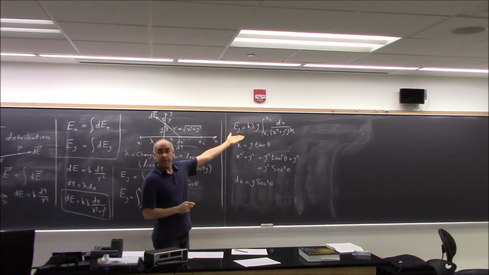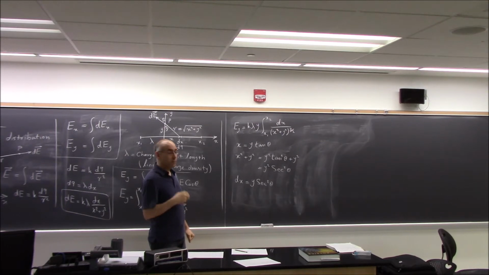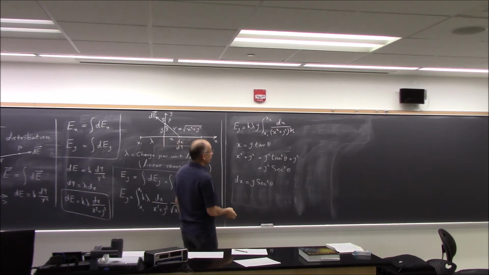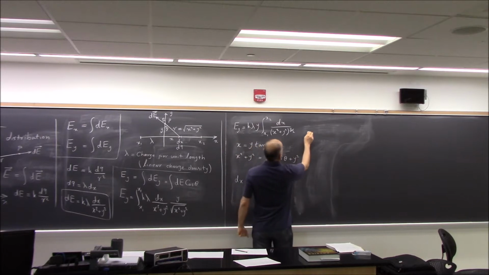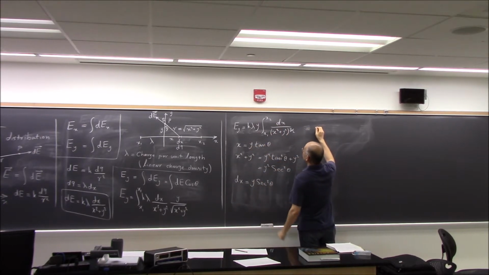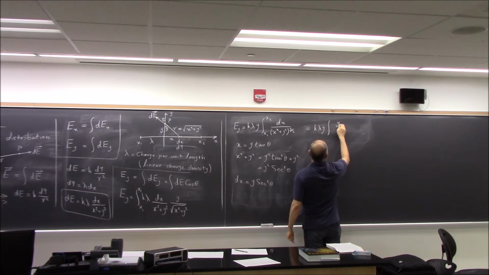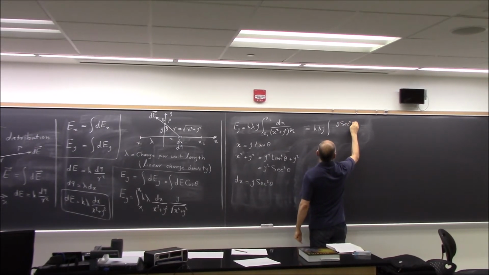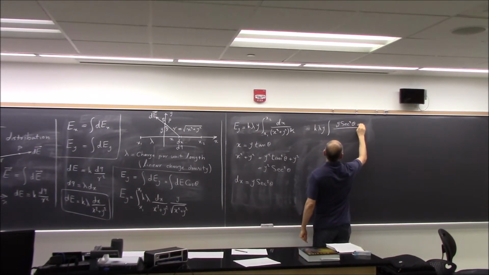Now plug in everything back into the equation. You see it becomes very simple. So if you plug all of this in, you get k lambda y, the integral from x1 to x2 of y secant squared theta d theta.